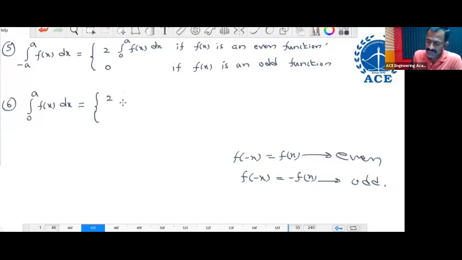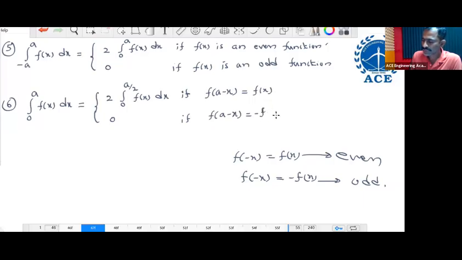Two times integral 0 to a by 2 f of x dx, if f of a minus x equal to plus f of x. 0, if f of a minus x equal to minus f of x. Like above, we write this integral in 2 ways depending on the condition. If f of a minus x equal to plus f of x, 2 times 0 to a by 2. If f of a minus x equal to minus f of x, then 0.